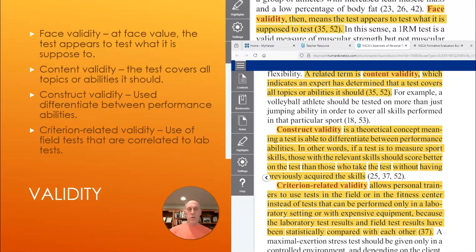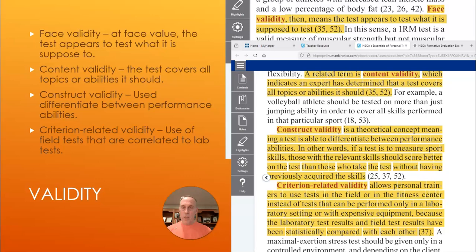So the construct validity is saying a person being tested on a very specific set of skills would score better than somebody who has not acquired those skills. So there's a certain amount of adoption and adaptation to this, where you have to have a skills introduction and adoption process for a person to be able to score well and actually increase construct validity.